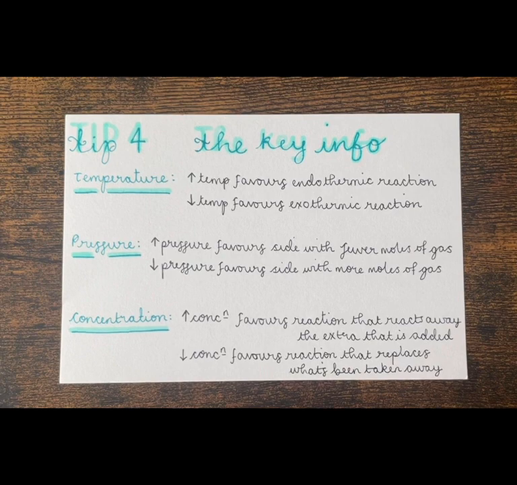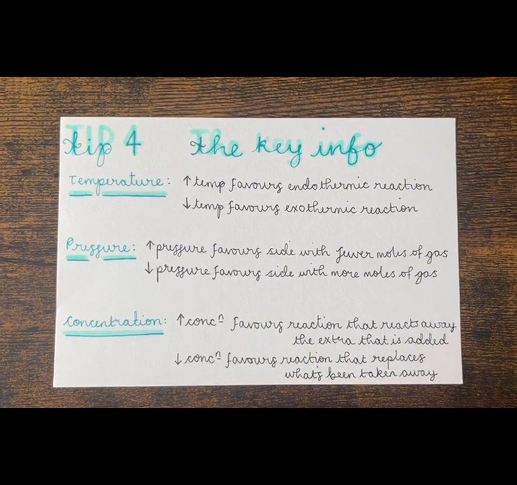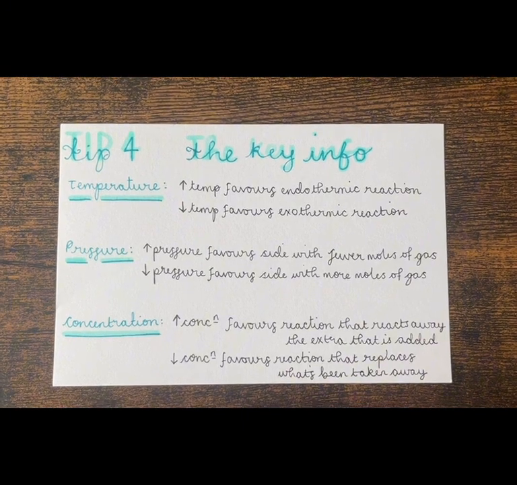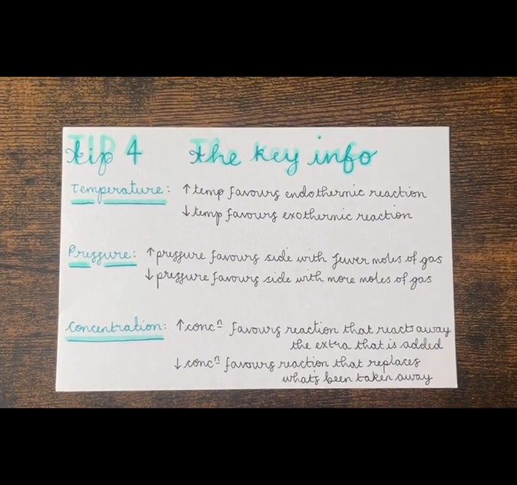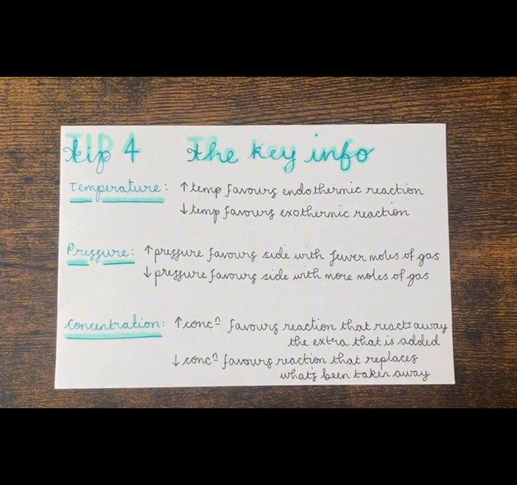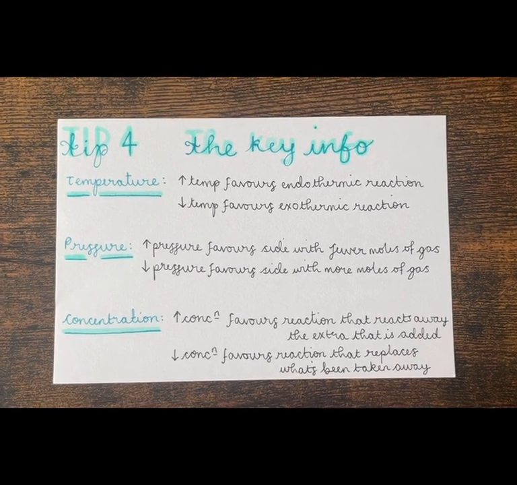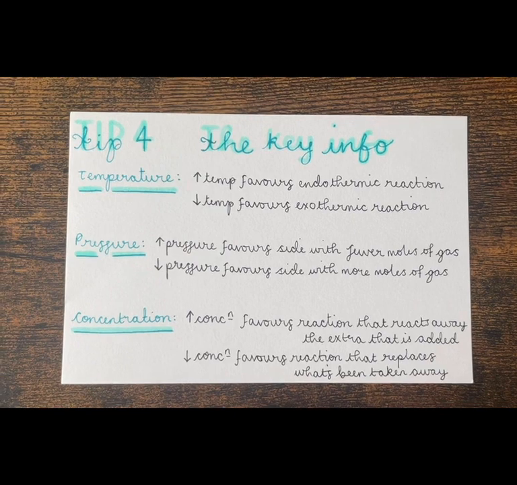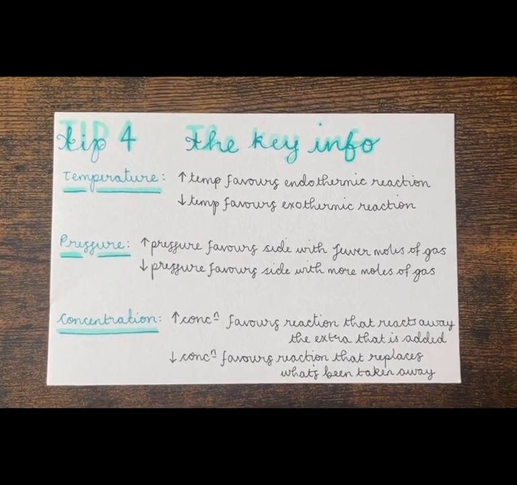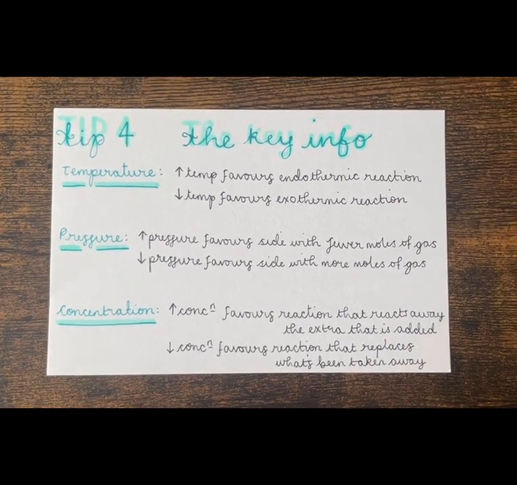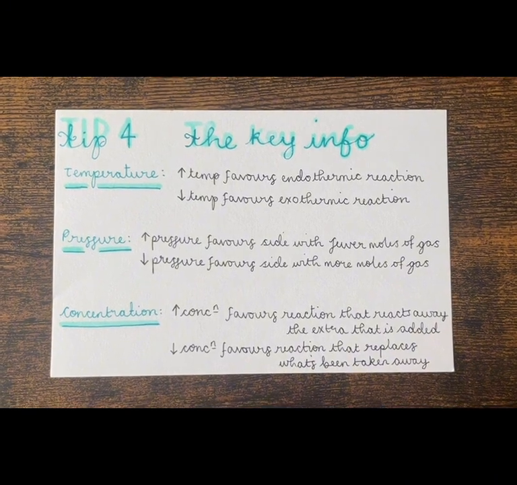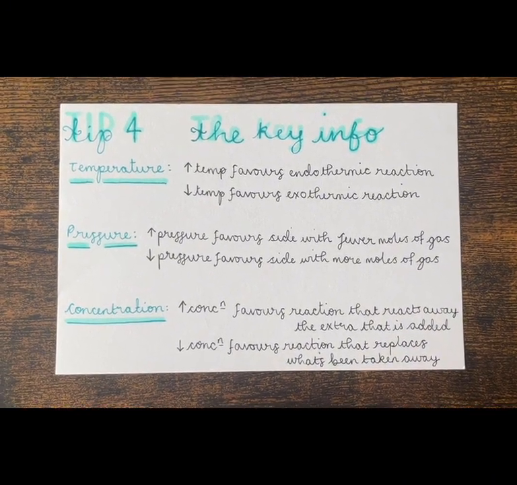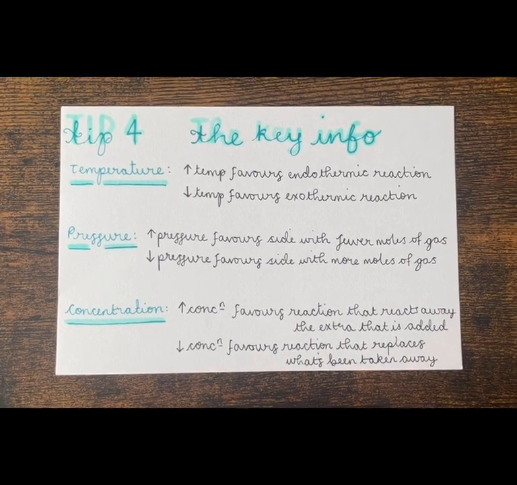So if I increase the temperature, the reason why the endothermic reaction is favoured is because that is the one that is going to absorb the additional heat that I am adding, and that is going to take the system back to the status quo, what it was before. And again, on the theme of analogies, for temperature, I like to think about it's a winter's day and potentially your parents have opened all the windows in your house. You're not going to just sit there and allow yourself to get cold.